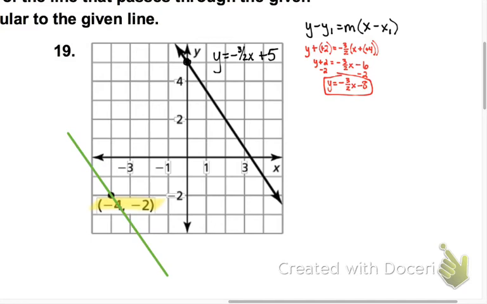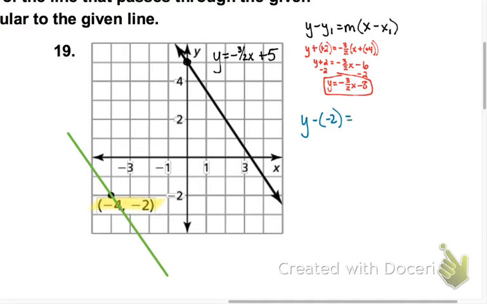Yeah, opposite reciprocal of my slope. The negative 2 and the negative 4 are going to stay the same. The only thing that's going to be different, as far as our setup, is going to be the y minus negative 2. Nothing changes there.